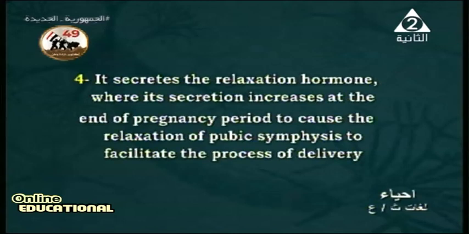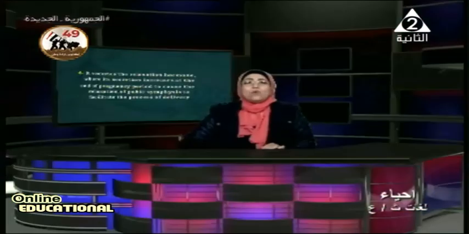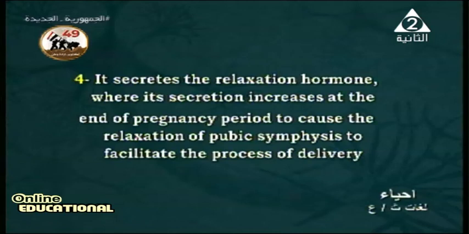Number four, it secretes the relaxation hormone. Its secretion increases at the end of the pregnancy period to cause relaxation of the pubic symphysis to facilitate the process of delivery. This occurs during the delivery. Delivery means the baby comes out of the uterus. It can be made more rapid by using this hormone by injection or by certain tablets.